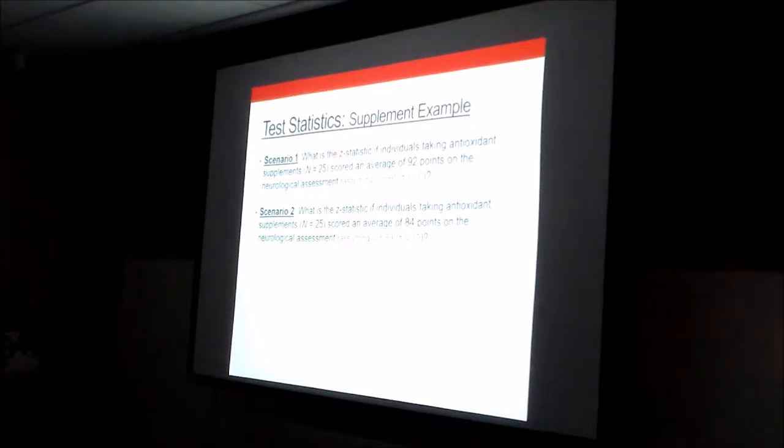What's the first thing we need to do? Standard error. See, look at that. You guys are catching on. I told you that. So just shout standard error at me anytime. All right, so the standard error: the mean under the null is 80, the standard deviation of the population is 20, so the standard error is 20 over the square root of 25.